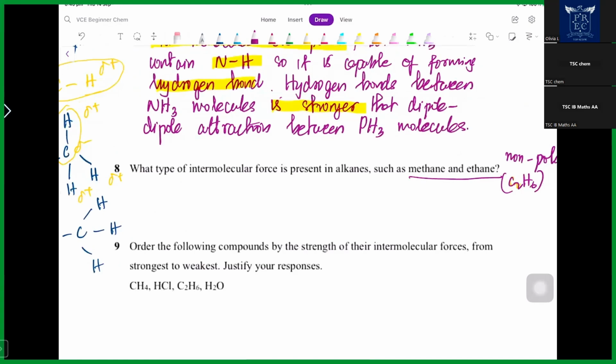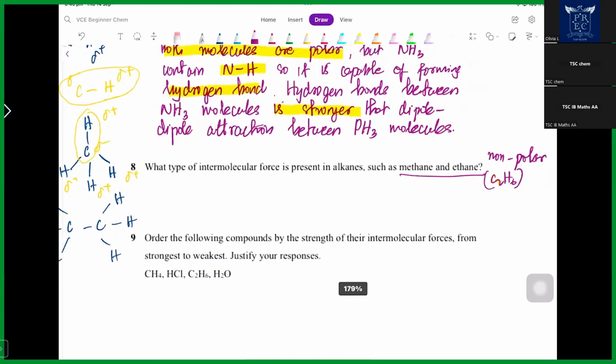Since both of them are non-polar, what is the intermolecular force? Anyone? For a non-polar molecule, there is only one type of intermolecular force. There are three types, right? It is called the dispersion force, yes.